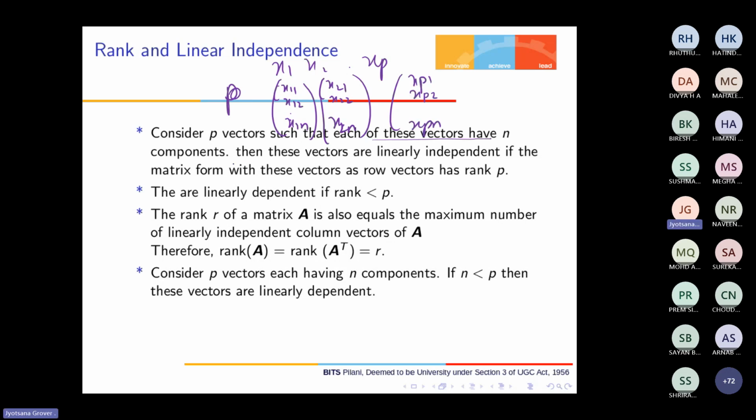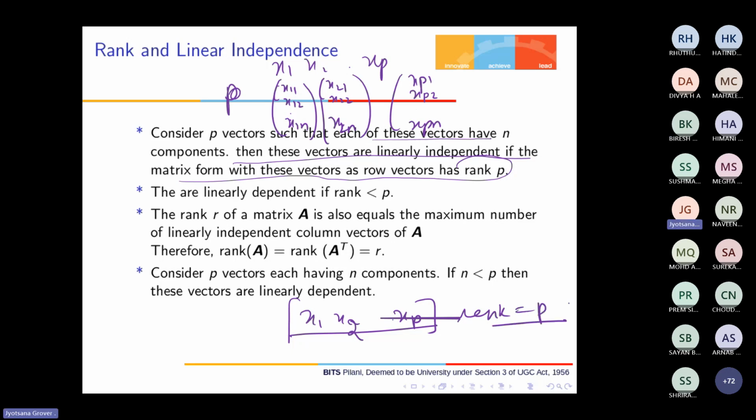Then these vectors are linearly independent if the matrix formed with these vectors has rank p. They are considered linearly independent when their rank is p, because in that case you will not have any free variables.